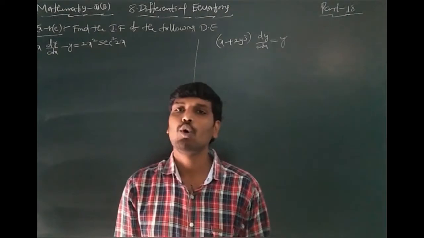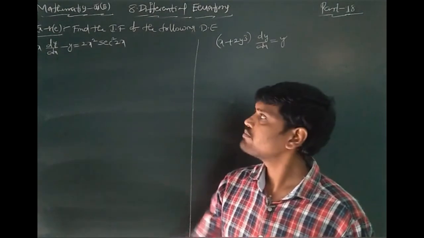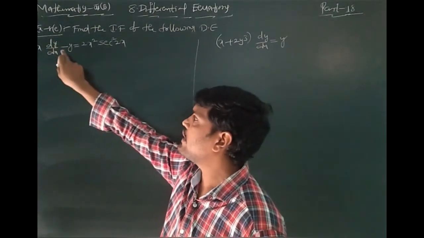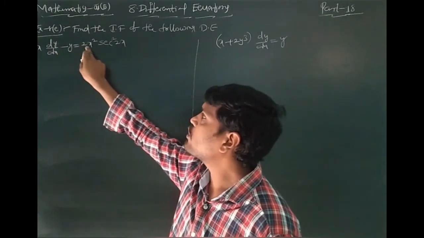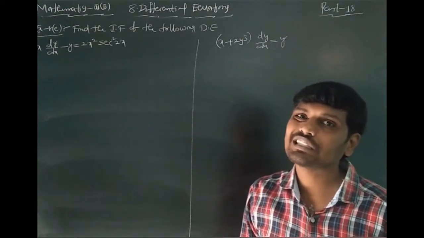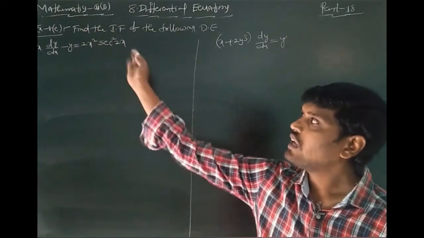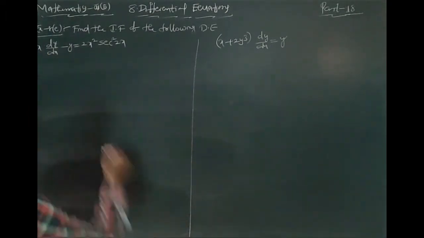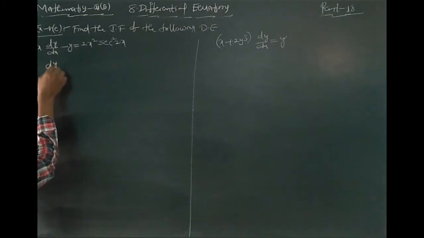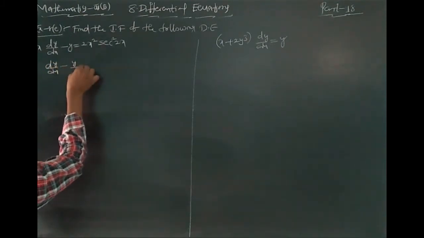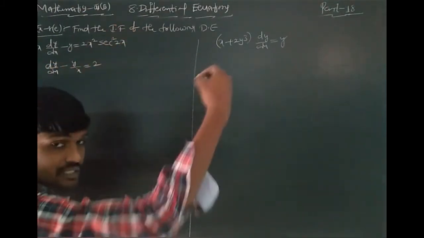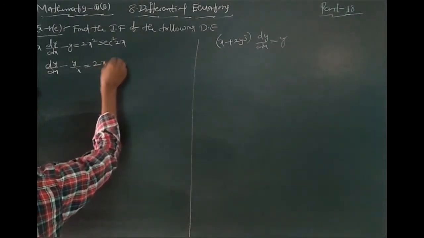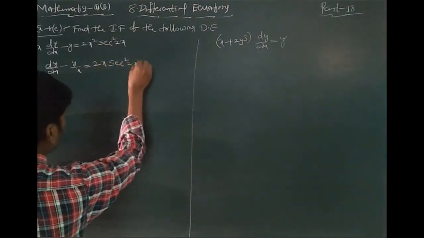Assignment problems are over. First one is x into dy by dx minus y is equal to 2x square into secant square 2x. First of all, the coefficient of dy by dx is x, so divide the whole equation by x. You get dy by dx minus y by x is equal to 2x square by x, secant square 2x.